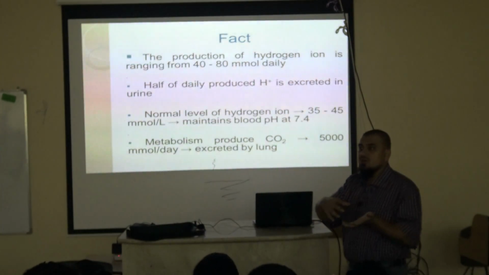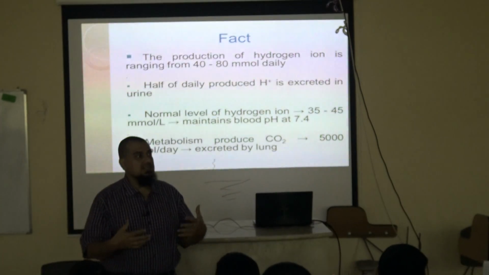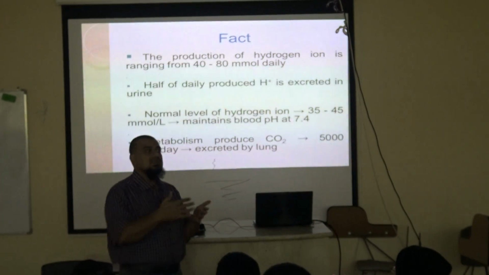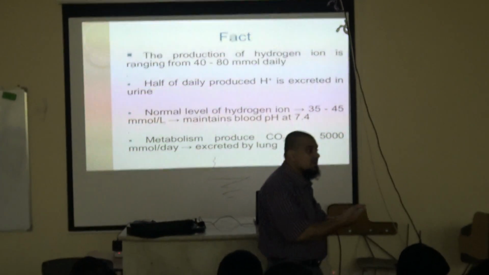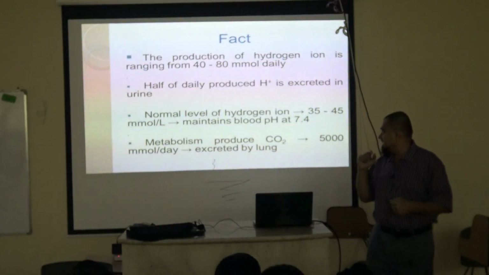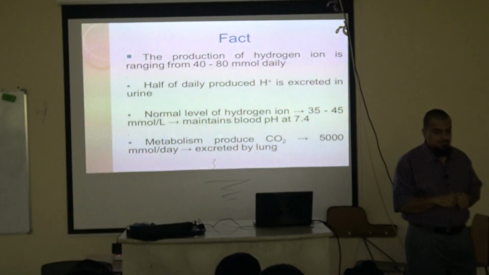Because there is metabolism happening in the tissues, and this metabolism is generating acids, carbon dioxide and other metabolites, that's why the venous blood contains more acid.